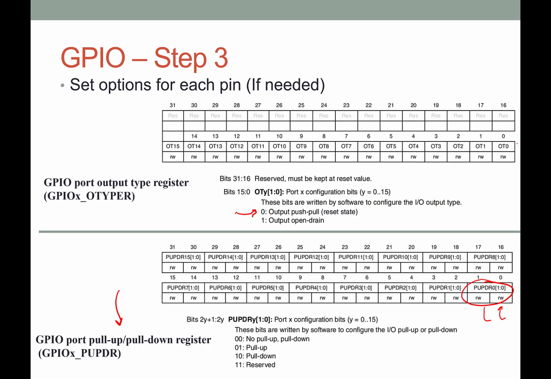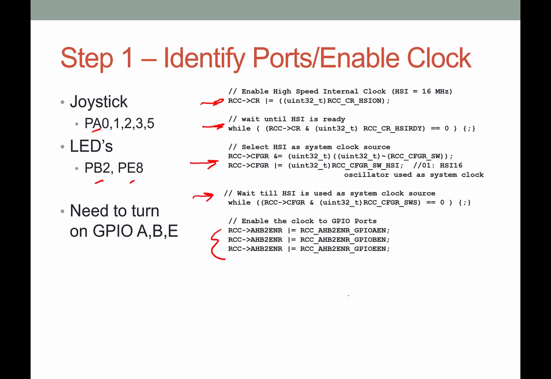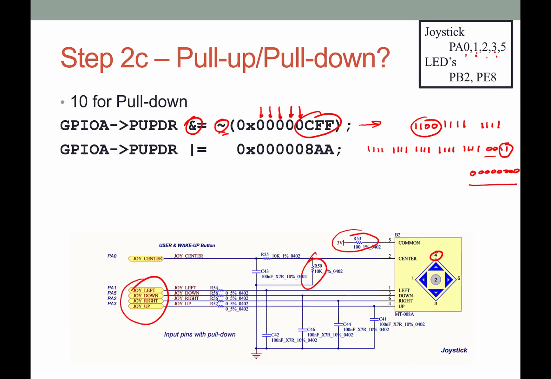You can see putting 10 for pull-down in these 2 bits, these 2 bits, these 2 bits, these 2 bits. We're skipping these 2 bits and we're putting them in those 2 bits. So that sets up 0, 1, 2, 3, and 5 for port A in our particular setup right here.